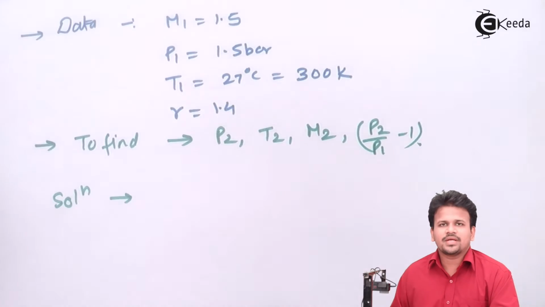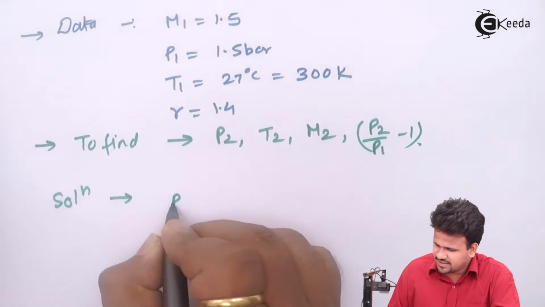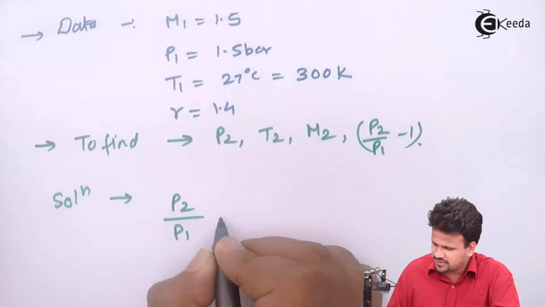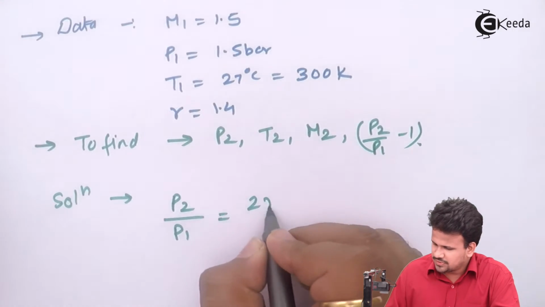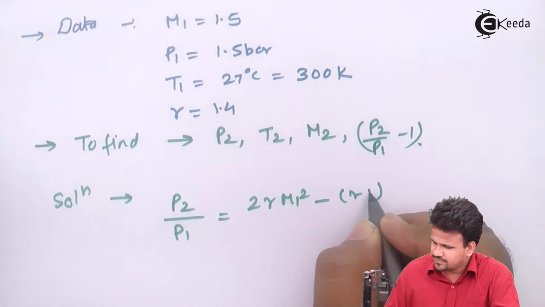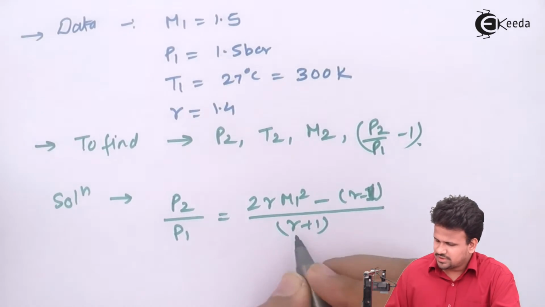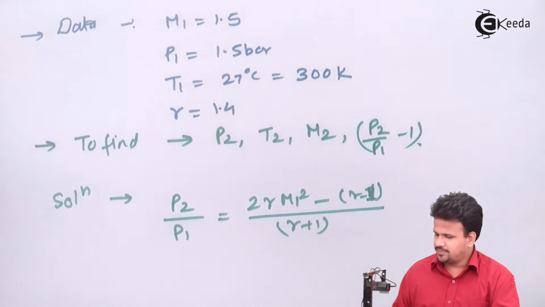Let us start with P2. We know from the previous section that P2 by P1 is equal to (2 gamma M1 square minus (gamma minus 1)) upon (gamma plus 1). So let us substitute the values.